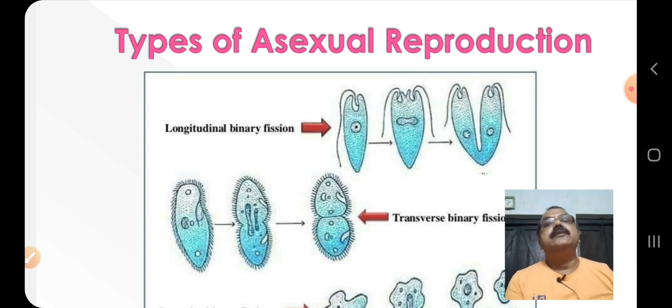There are various types of asexual reproduction, but in each case there is no involvement of the sex or gametes. In each case, the parent body forms the reproductive units either by division or by fragmentation, and the new individuals are produced.